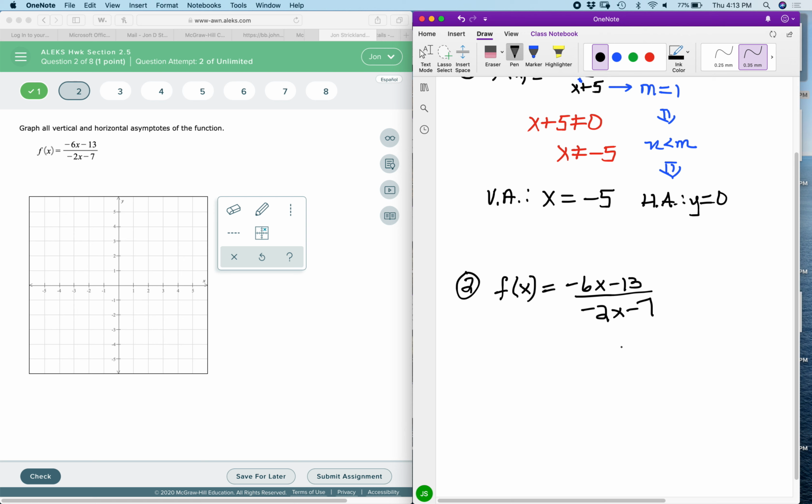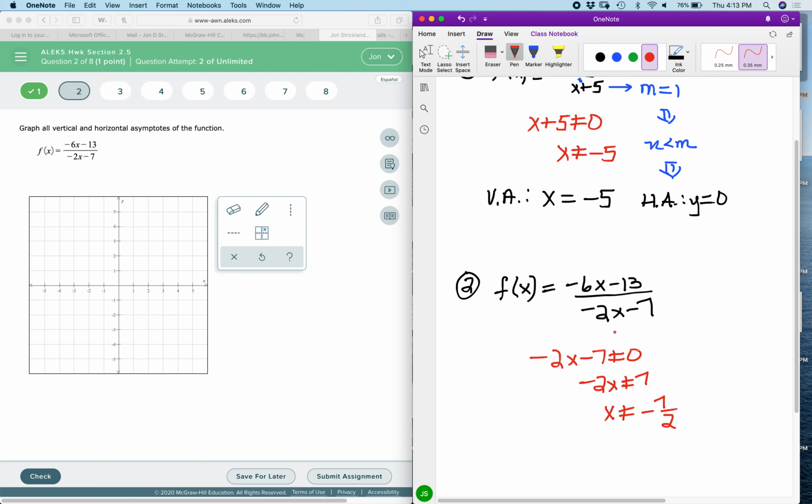For the second problem, we're still looking at vertical and horizontal asymptotes. For the function f of x to be defined, the denominator cannot be 0 in value. Looking at the exclusion from x, x cannot be equal to negative 7/2.